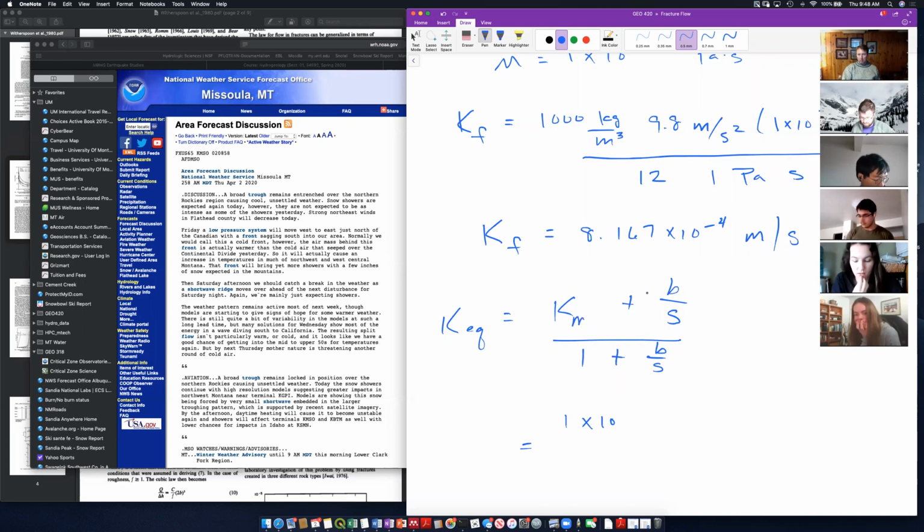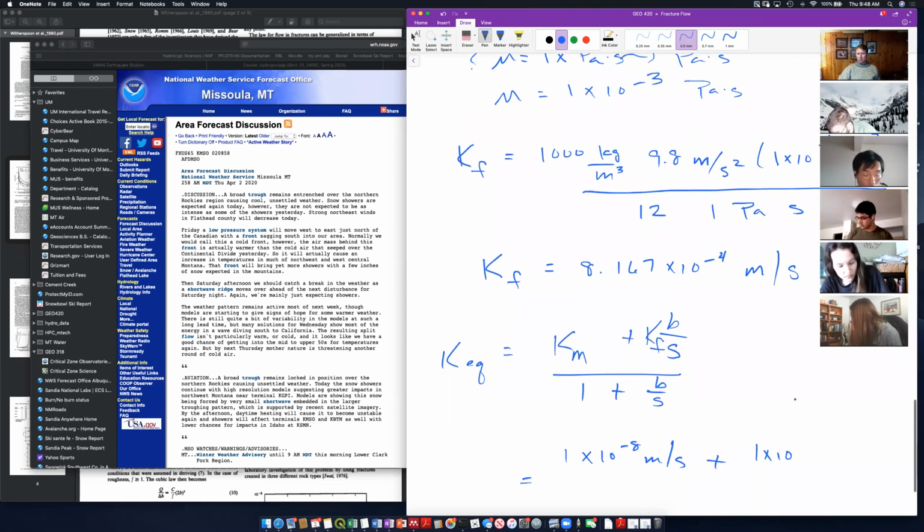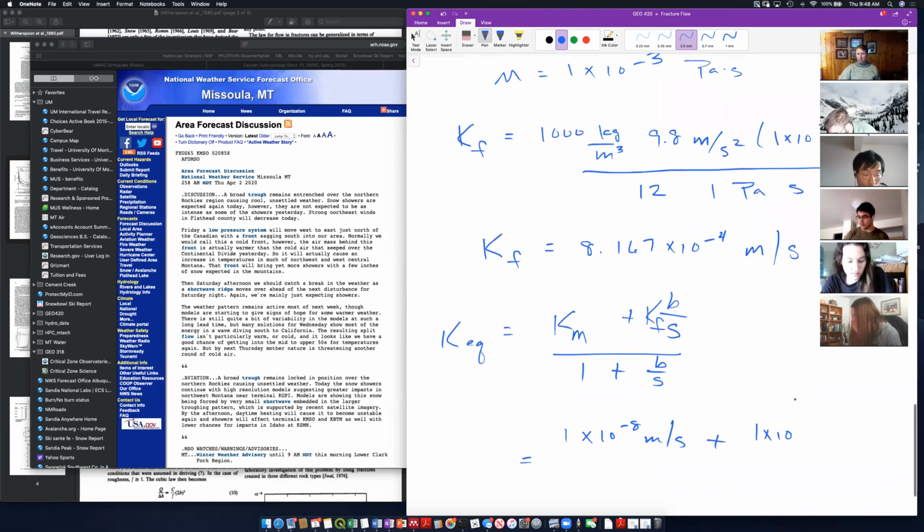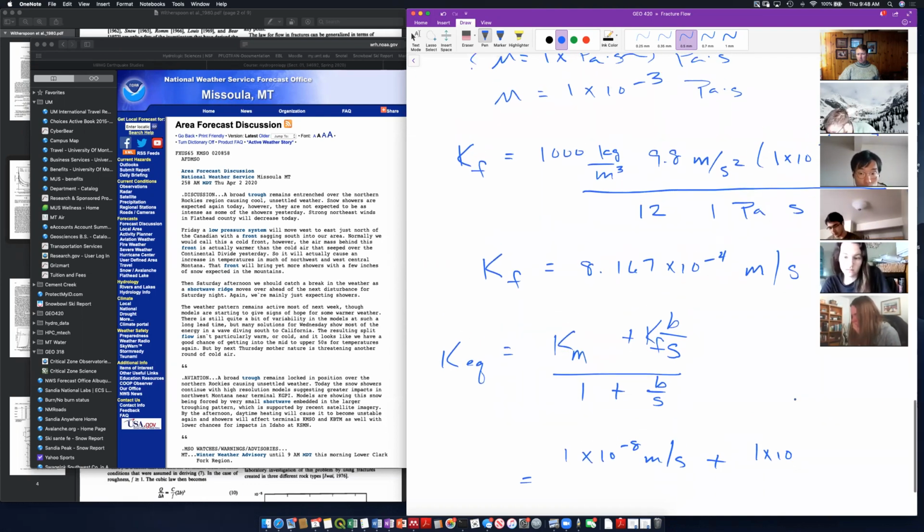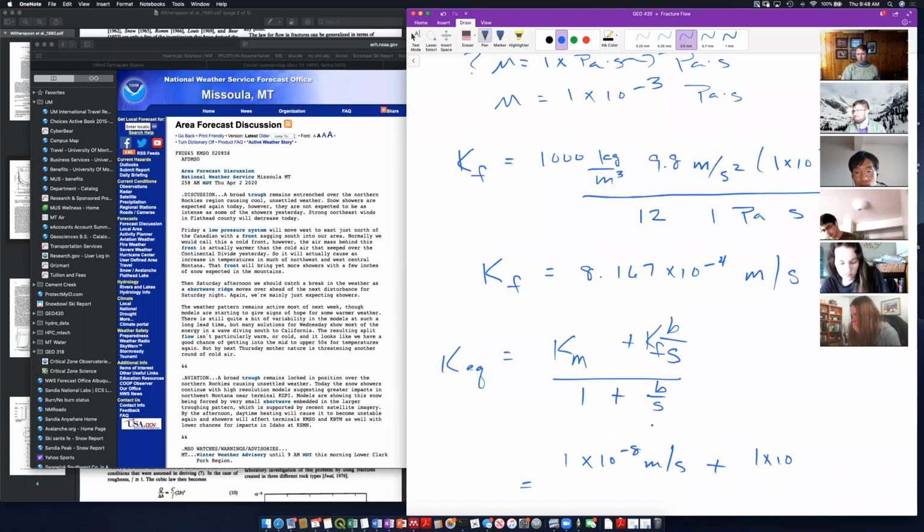KM, KF. All right, 1 times 10 to the minus 8 meters per second plus 1 times 10 to the negative 6 over 1 times 8.167 times 10 to the negative 4th meters per second over 1 plus 1 times 10 to the negative 6 over 1.